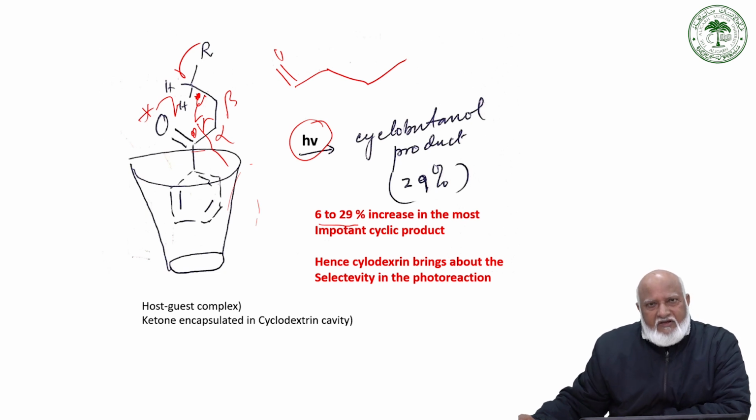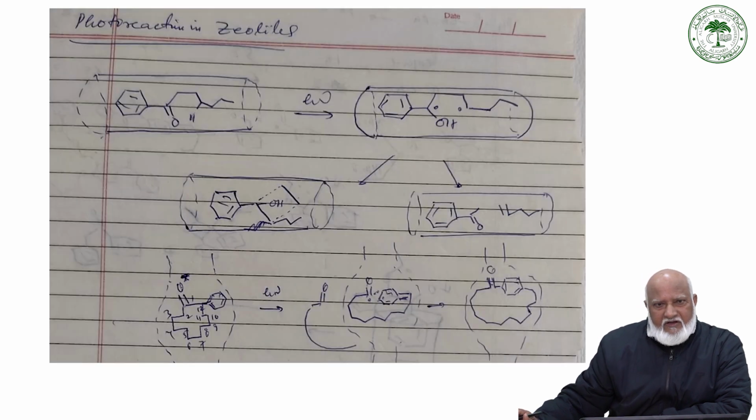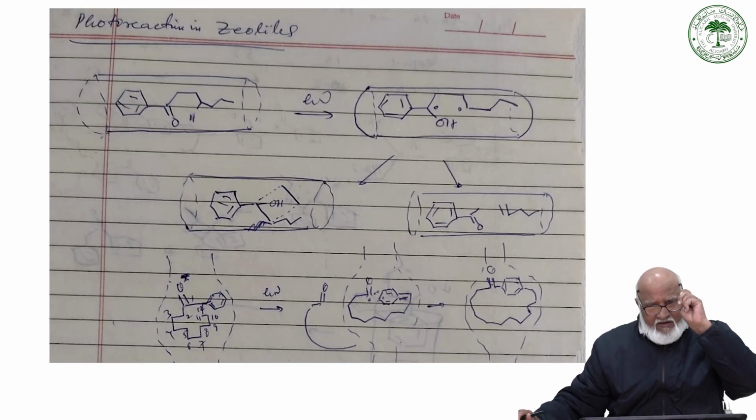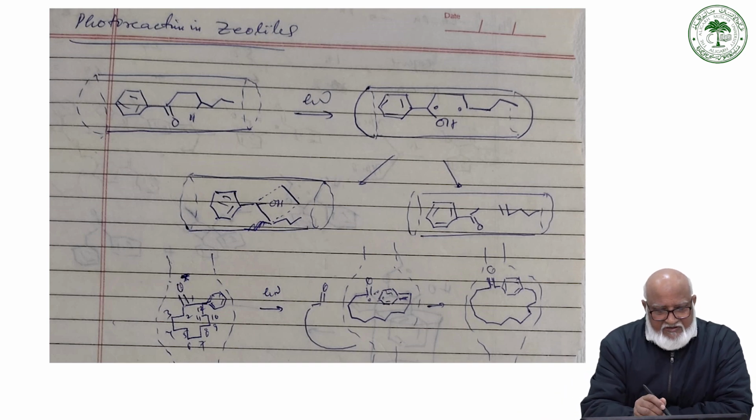This is one representative example where we have shown that selectivity can be brought about, and it is possible to divert the reaction to our choice and get the desired product in more yield.